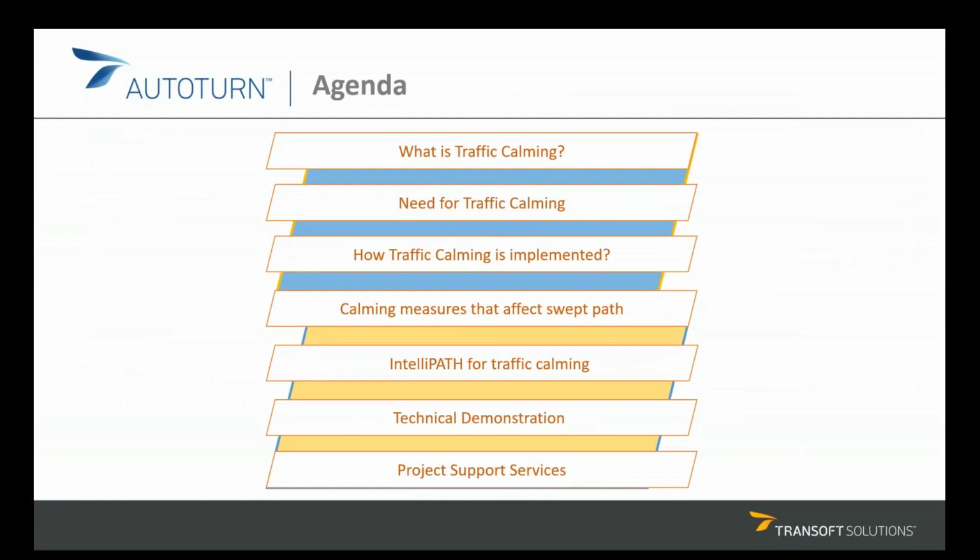So here goes the agenda for today's webinar. I'll start the presentation by explaining a bit about what traffic calming is, the need for traffic calming, and how it is done. After this, I'll briefly go over the major traffic calming measures that affect the swept path of a vehicle directly and explain the advantages of using IntelliPath, the tool in AutoTURN Pro, to analyze traffic calming.